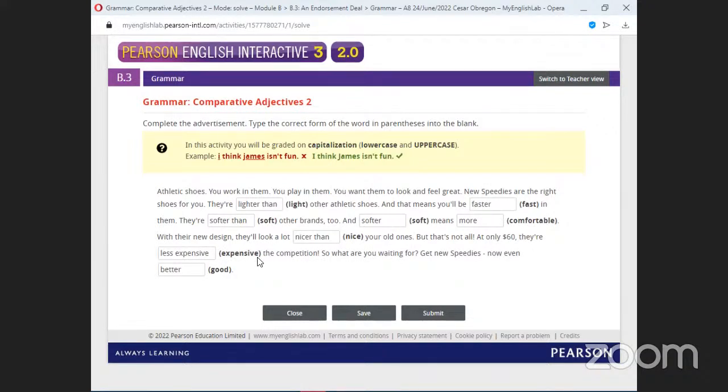More comfortable. But you didn't put comfortable there. Only you put more. More comfortable. No, I didn't put it right. More comfortable. With their new design, they look a lot nicer. A lot nicer. Just follow your instinct.